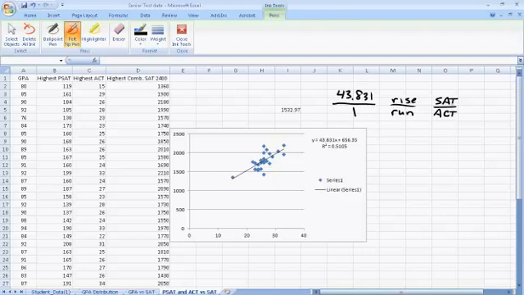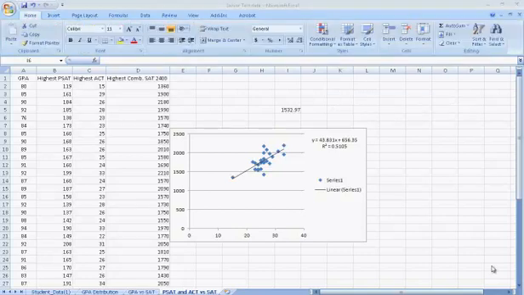And what this slope is saying is that as an ACT score increases by 1 point, the SAT score increases by nearly 44 points. That's the overall pattern and trend of this regression line. As ACT goes up 1, our SAT scores we predict would go up 44 points.